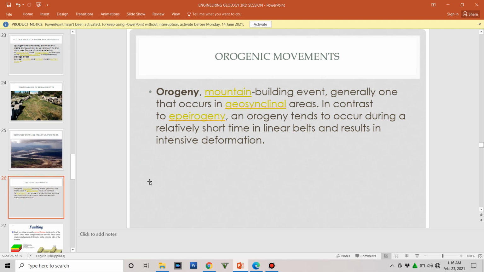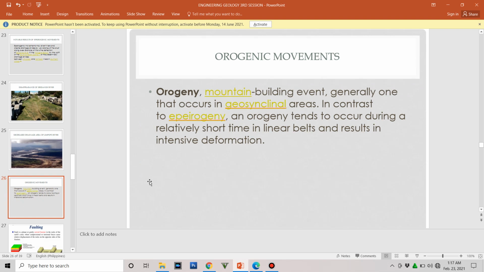So moving on. So the contrast of EPEIROGENIC movement is this, OROGENIC movements. So kung yung EPEIROGENIC movement is about a vertical movement, ito naman OROGENIC movement is about horizontal movement.